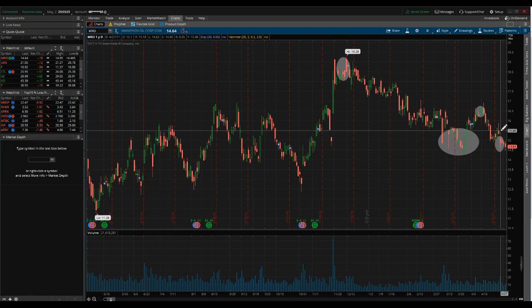The option expires, I keep everything. Nothing changes. I just keep my $150 premium. If the stock ends up dropping below $14.50, I'll still keep my premium, but I'll also own 500 shares at $14.50. Even if the stock's at $14, I was obligated to buy those shares at $14.50.